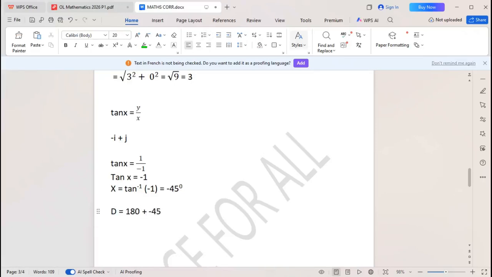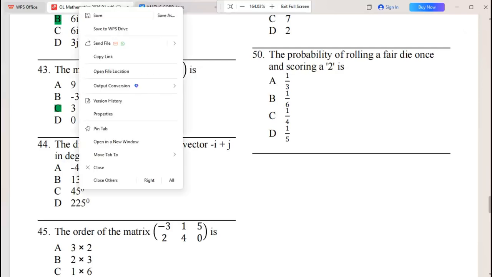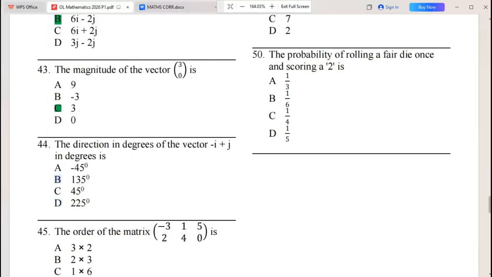That is 180 minus 45 degrees, which is equal to 135 degrees. This is the actual direction of the vector minus i plus j. Now looking at our options, we have 135 degrees as B for question 44.